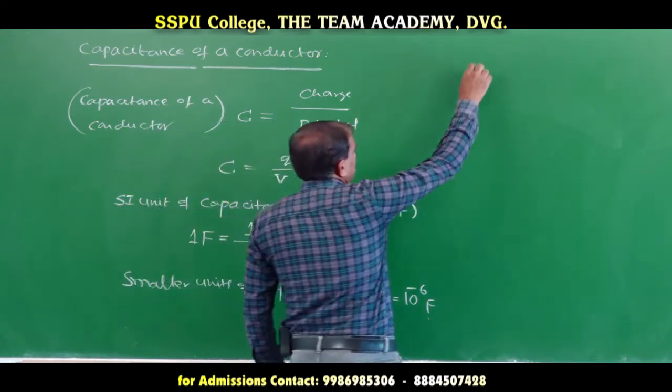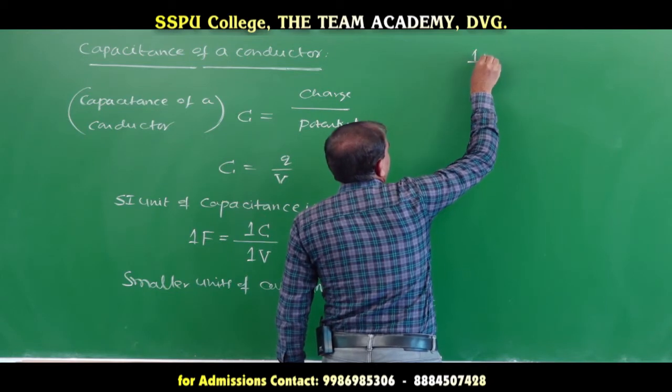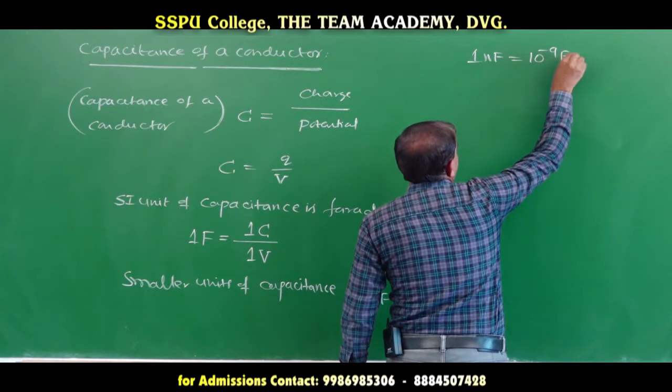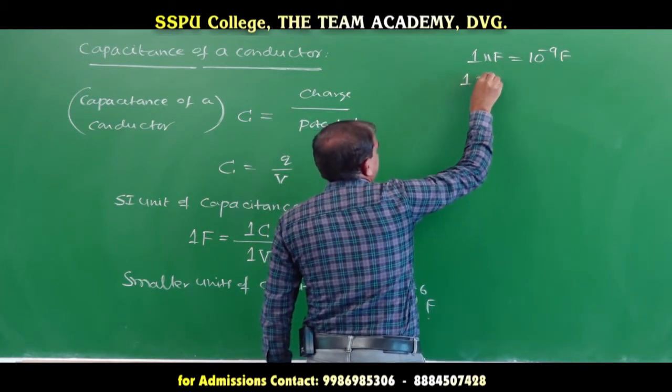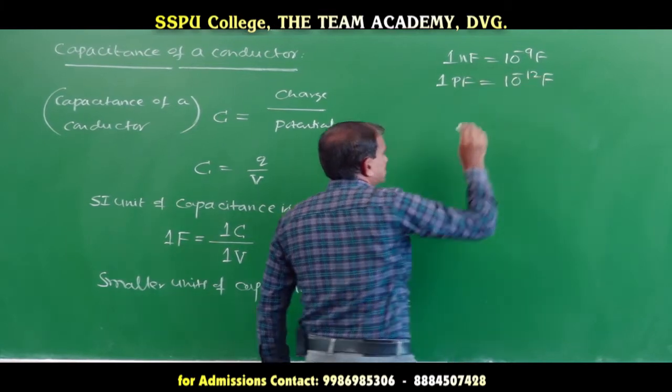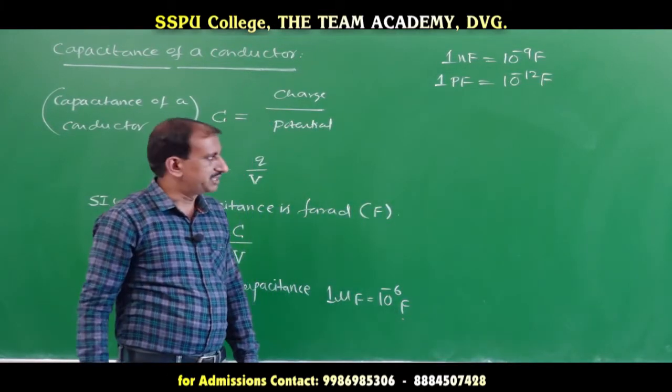Similarly, 1 nanofarad is equal to 10 power minus 9 farad. 1 picofarad is equal to 10 power minus 12 farad. These are the smaller units of capacitance.